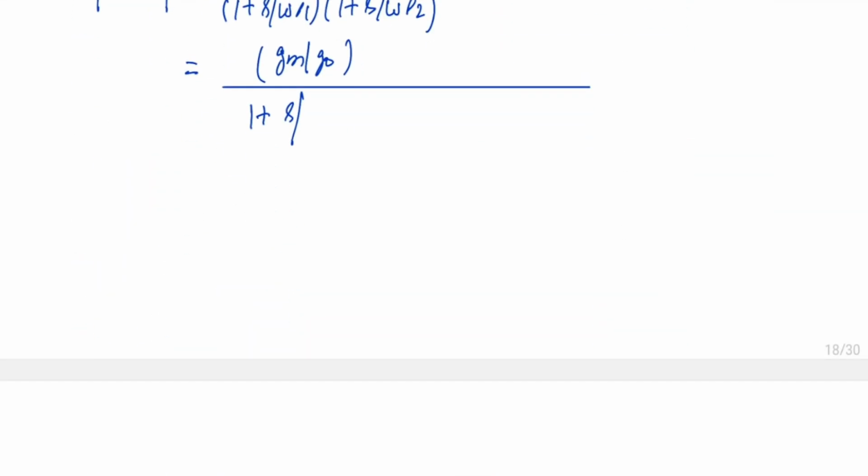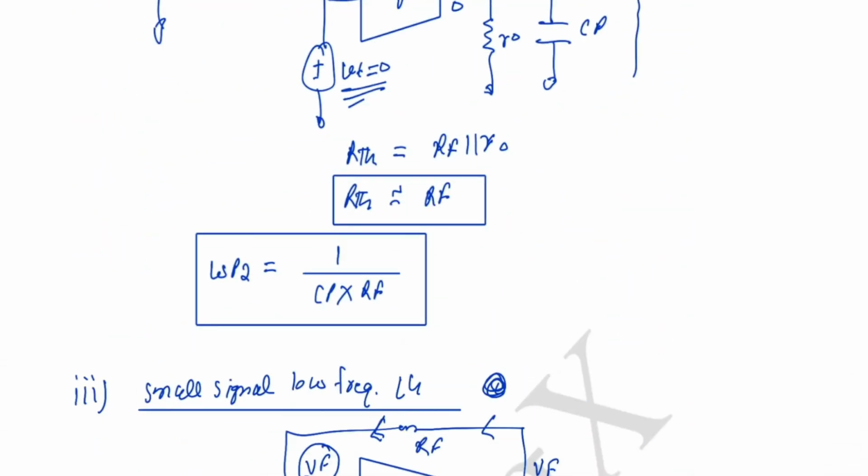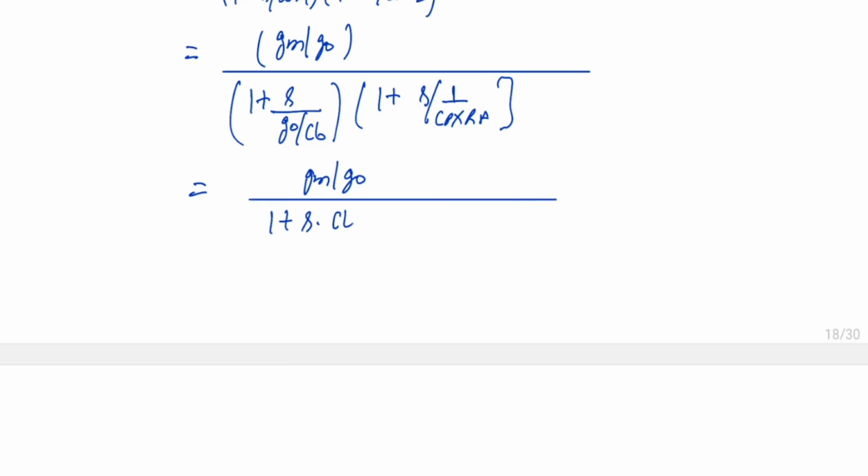The second pole is 1 by CP into RF. So that will be Gm by G naught divided by 1 plus S into CB by G naught and 1 plus S into CP into RF.